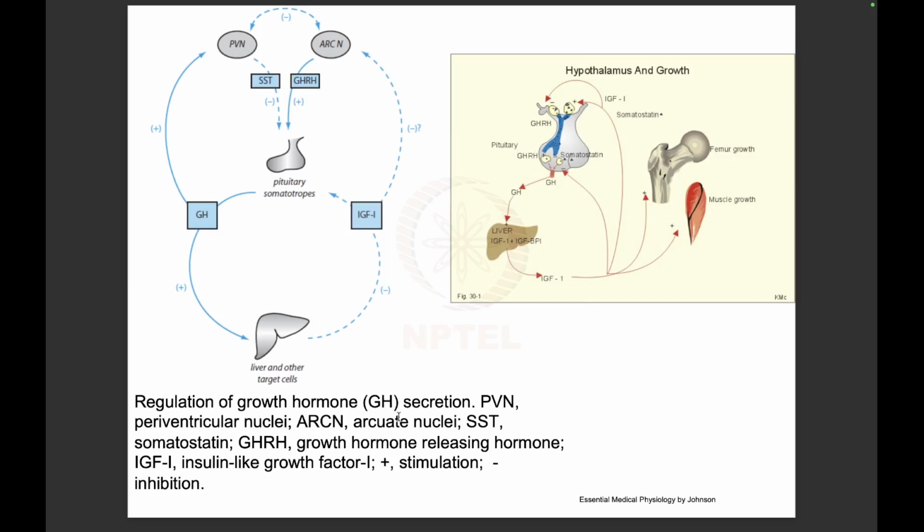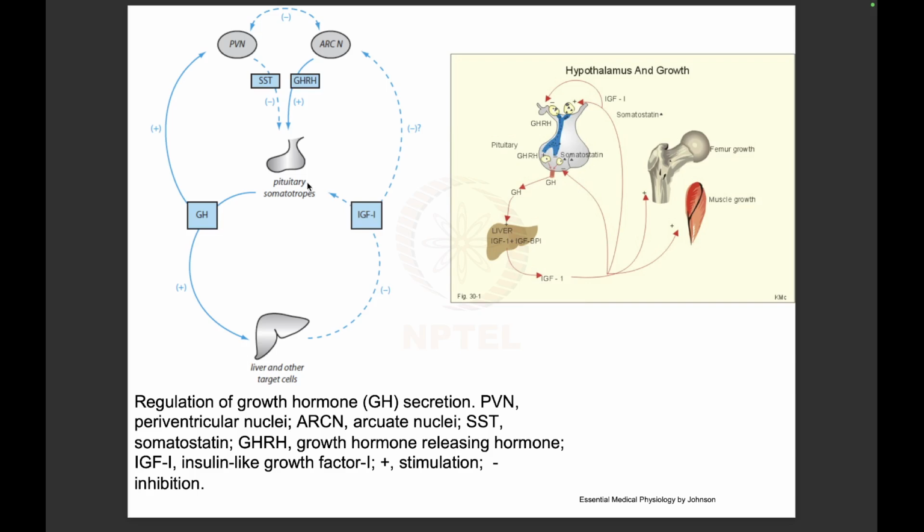So, regulation of growth hormone secretion. In the hypothalamus, there are the PVN, the periventricular nuclei, and the arcuate nuclei; SST is somatostatin, and this is growth hormone releasing hormone. Growth hormone releasing hormone stimulates the pituitary gland to release growth hormone, which has a positive effect on the liver, and that will produce IGF-1.